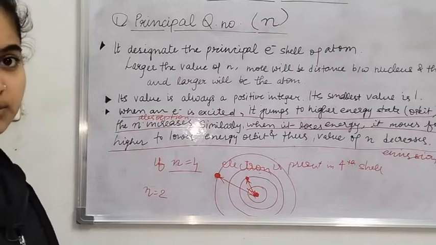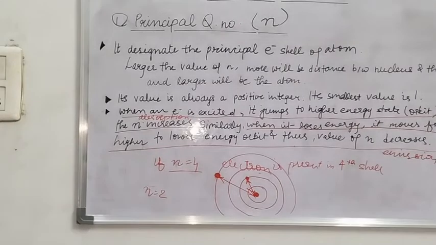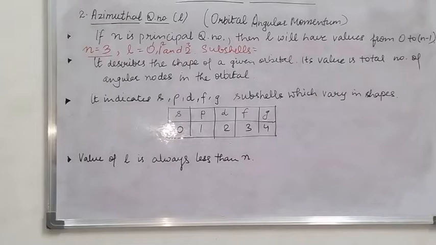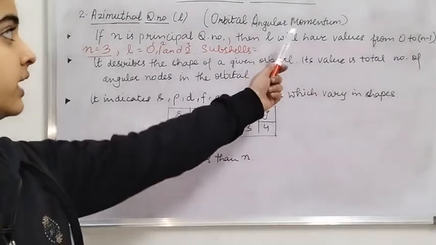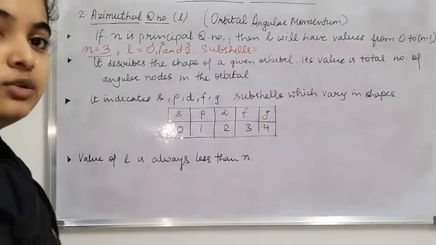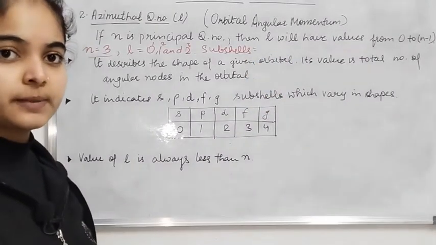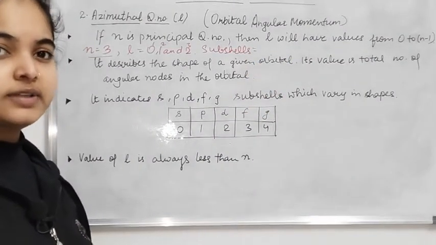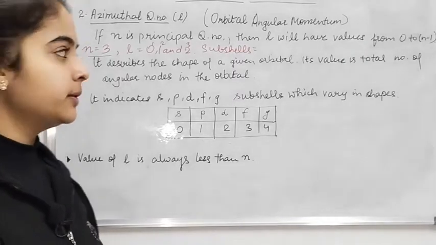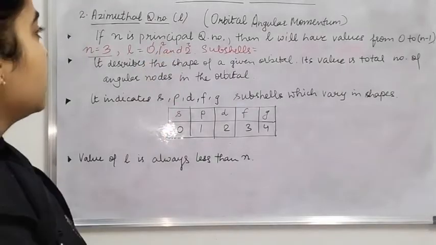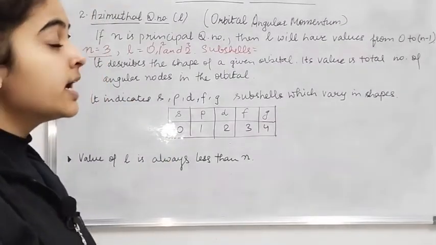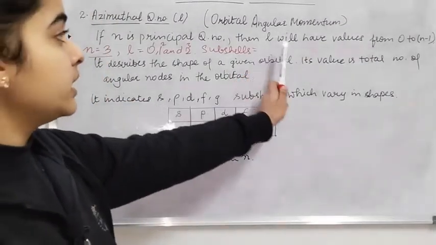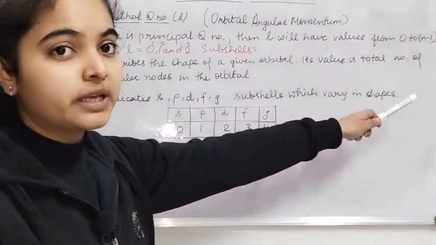Next we will discuss azimuthal quantum number. Azimuthal quantum number is also known as orbital angular momentum. Its value always depends upon the value of principal quantum number, and it is always lesser than the value of principal quantum number. It is denoted by small l, and if the value of principal quantum number is n, then the value of azimuthal quantum number will lie between 0 to n minus 1.